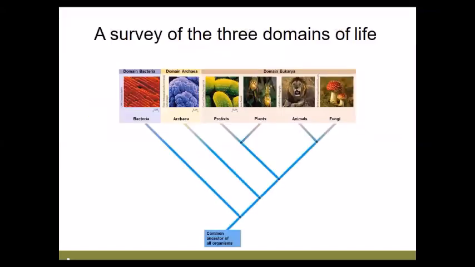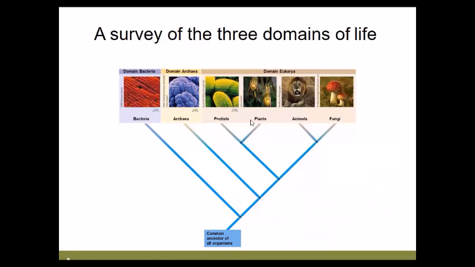So here's an example of a cladogram with members of different areas. Here you see the domain bacteria, and you see how it's way out here. And then there's another domain called Archaea. It's out here. Then a little closer in here you have protists, and then you have plants.